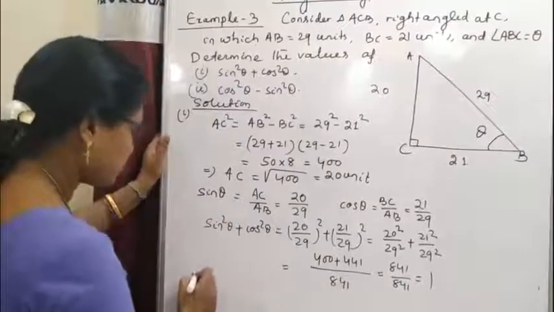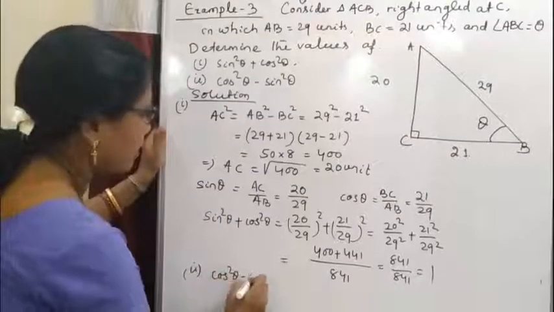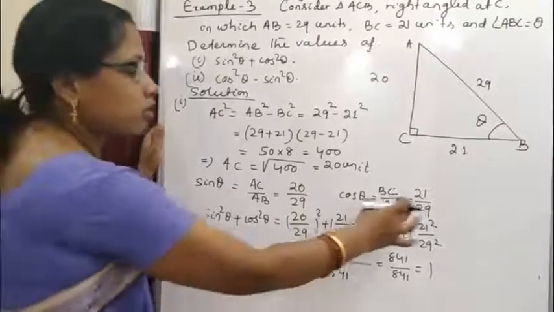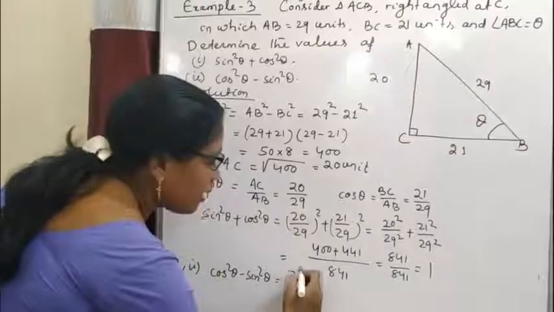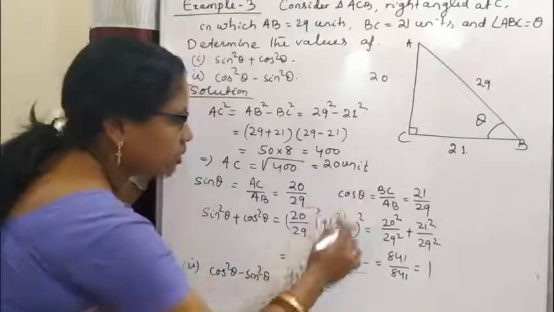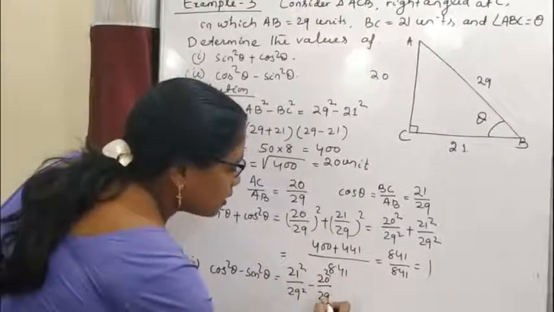So what is the second? That is cos square theta minus sin square theta. So what is cos square theta? It is 21 square by 29 square, and sin square theta is 20 square by 29 square.